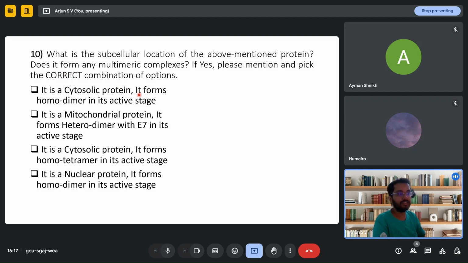On the same page, you will find that it's a nuclear protein and it forms a homodimer in its active stage. So the answer is: it is a nuclear protein, and it forms a homodimer in its active stage. So that's all the answers for week 7.